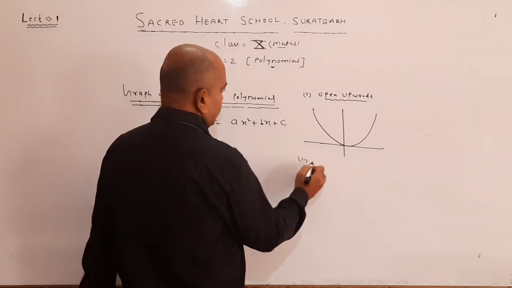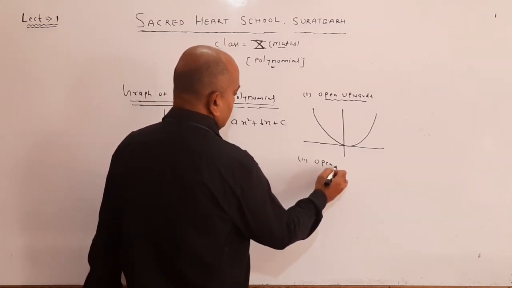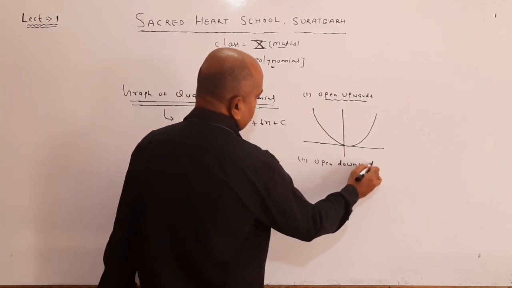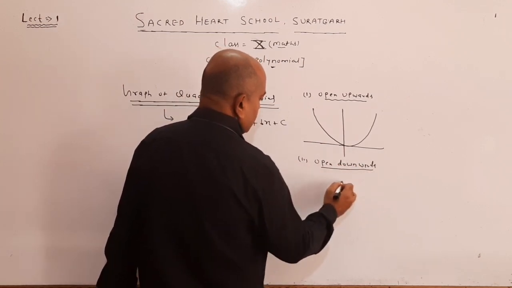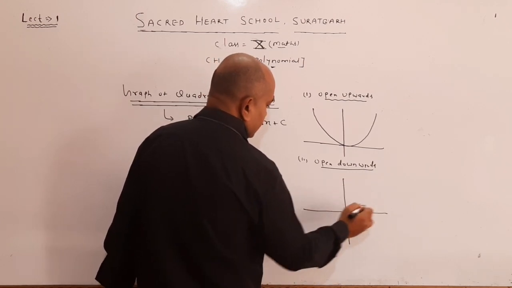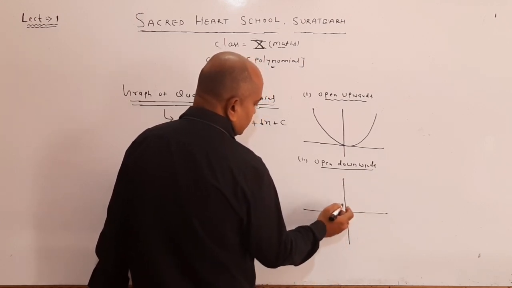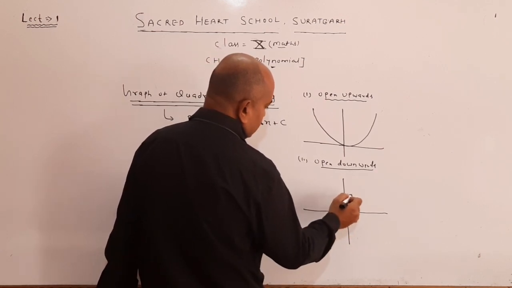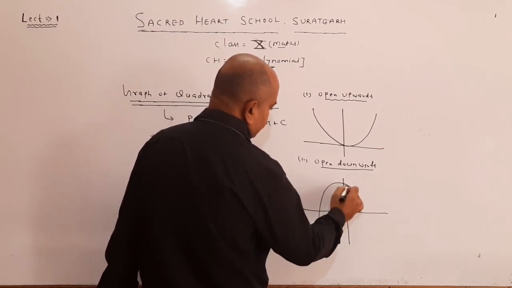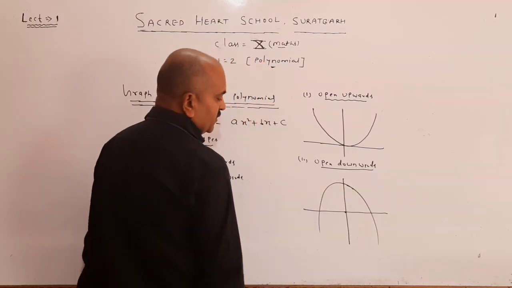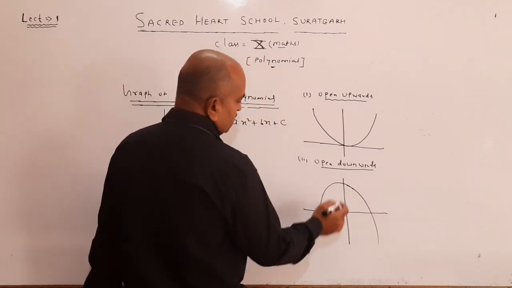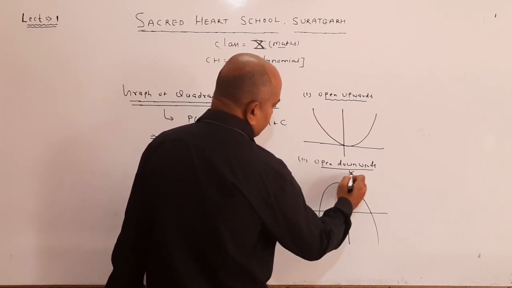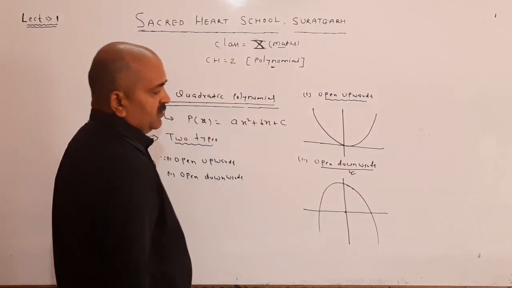And if the graph is of this type, opening on the downside, then we say it is open downward.